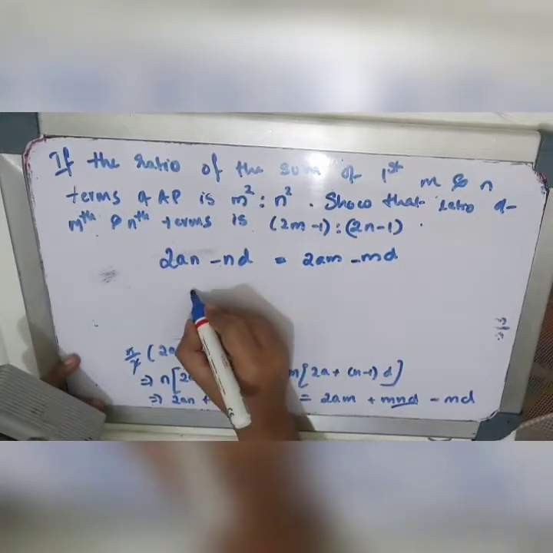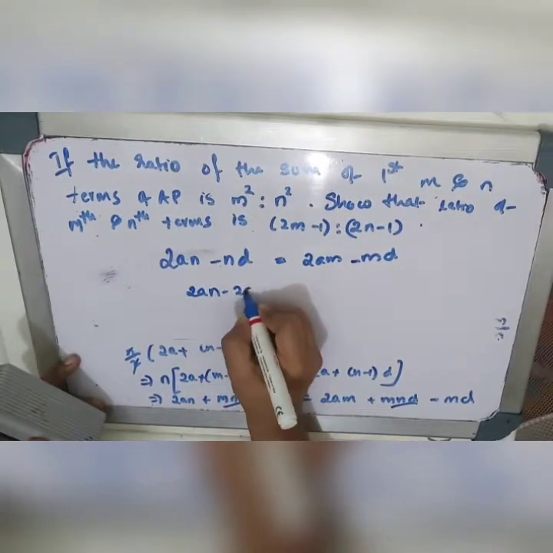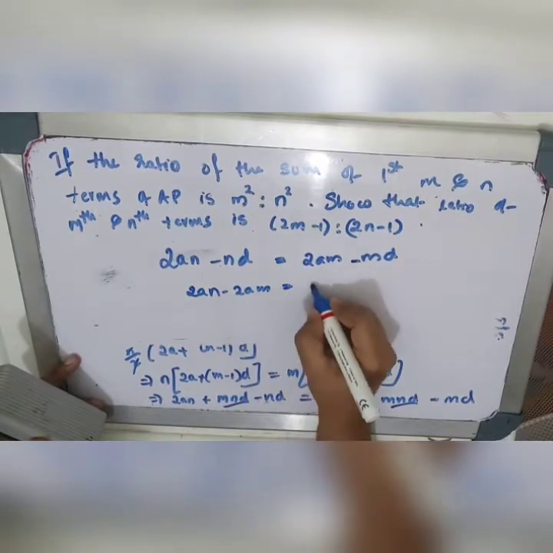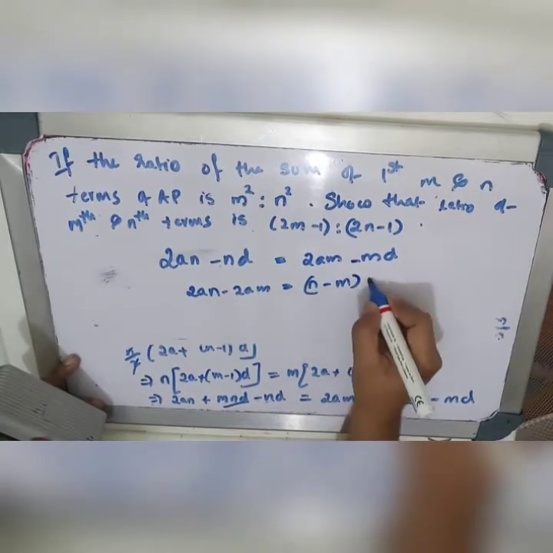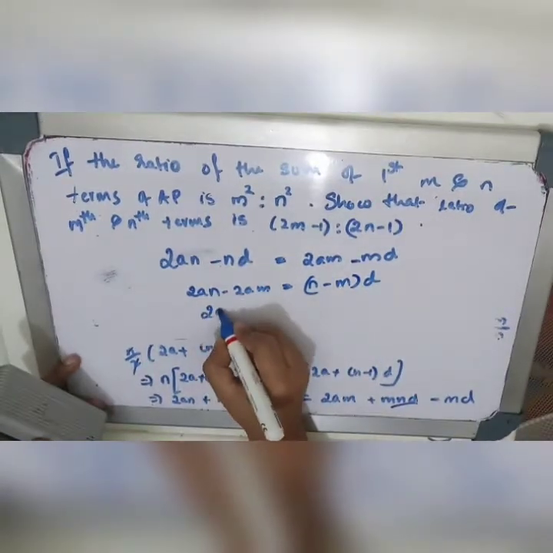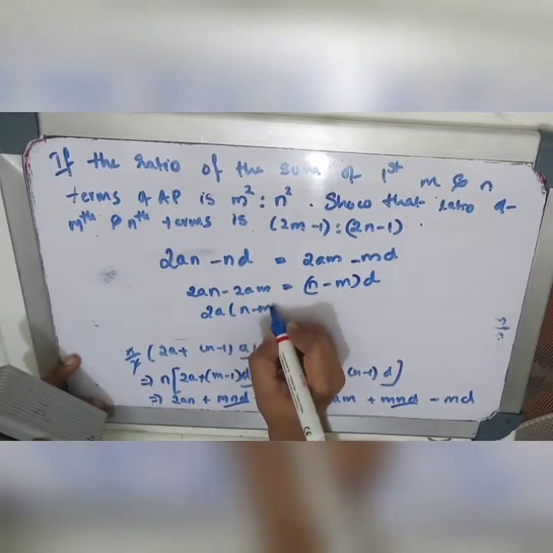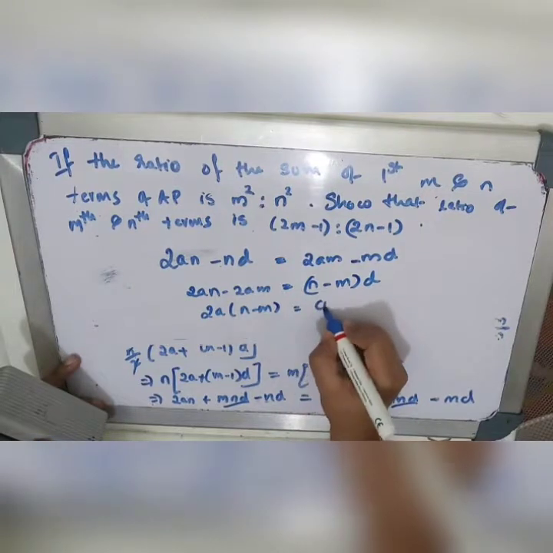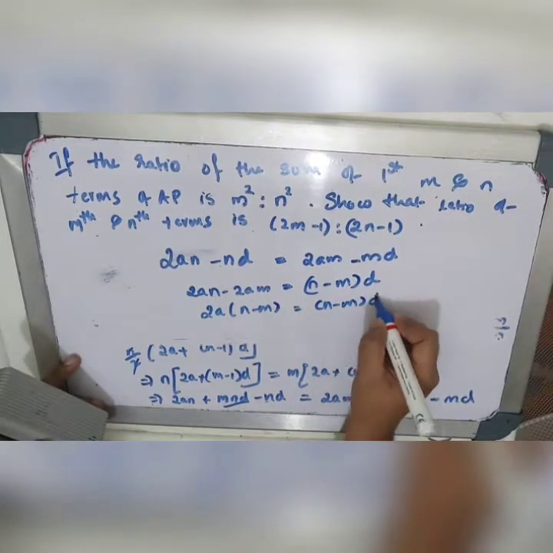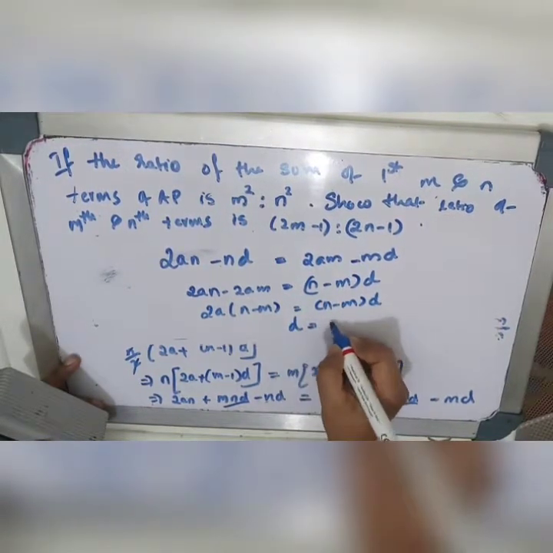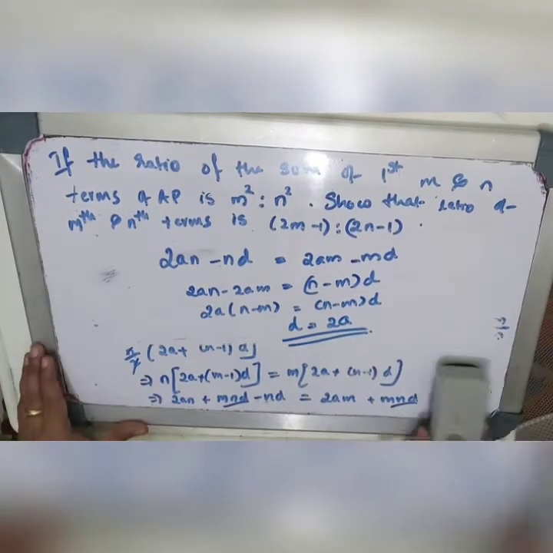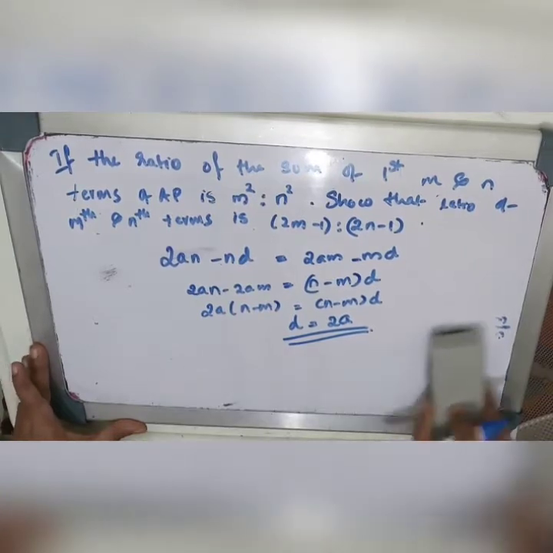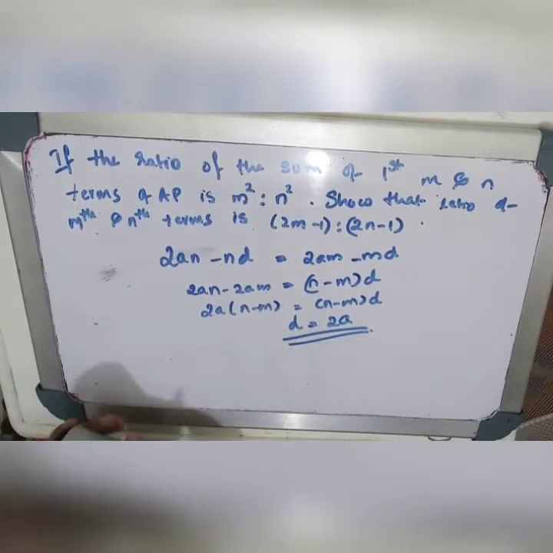That is 2an minus 2am is equal to n minus m into d. 2a is taken out, n minus m. That is d is equal to 2a. Okay, this is what we obtained by opening the brackets and simplifying.